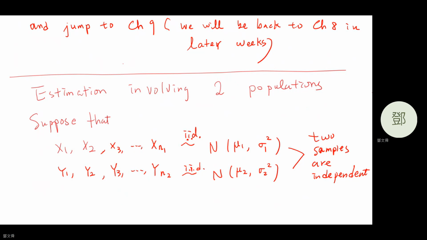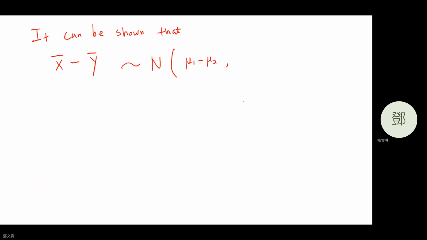Okay. And now it can be shown that x bar minus y bar is distributed as the normal random variable with mean mu1 minus mu2 and variance sigma 1 squared over n1 plus sigma 2 squared over n2.